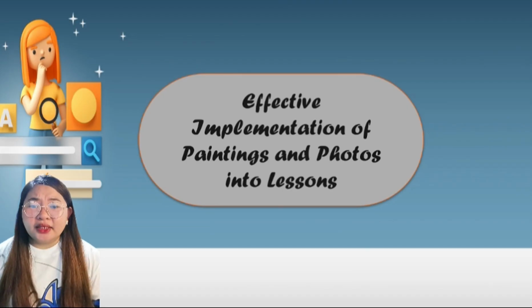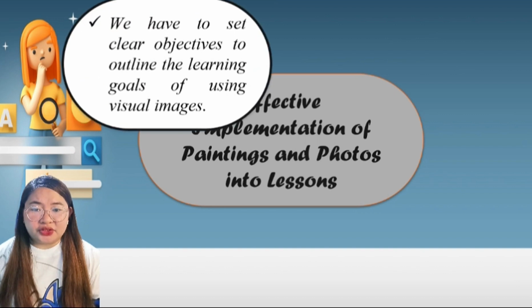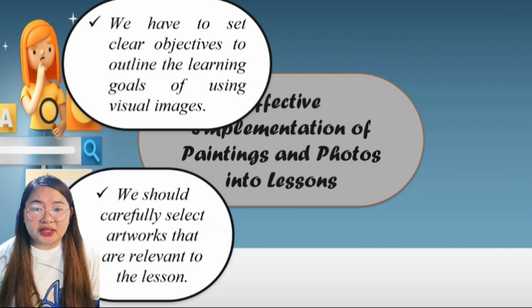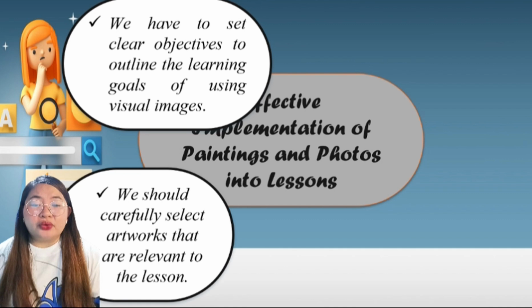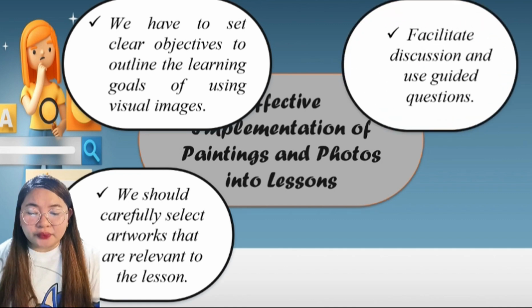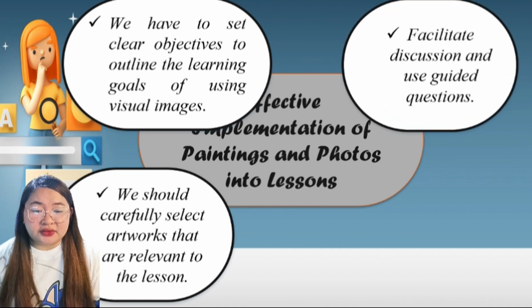So how can educators effectively integrate paintings and photos into lessons? Here are the steps for effective implementation. First, we have to set clear objectives to outline the learning goals of using visual images. Second, we should carefully select artworks that are relevant to the lesson.